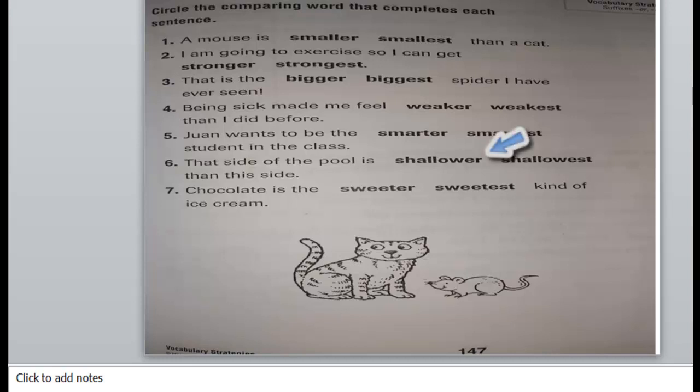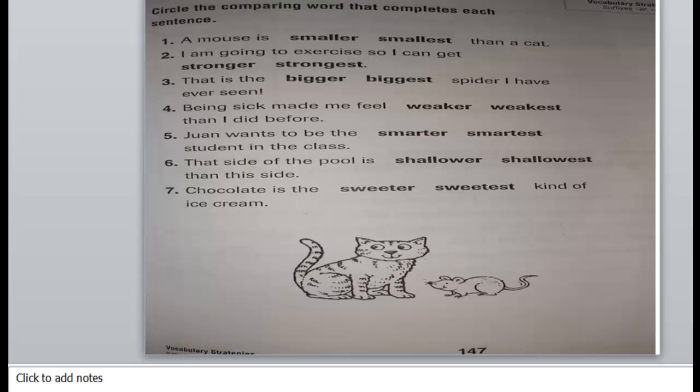Okay, let's get to number 7. Chocolate is the sweeter or the sweetest kind of ice cream. I said ever. Plus, I saw the word the before the adjective, right? Okay, so what will we add to the adjective if there is the before the adjective?